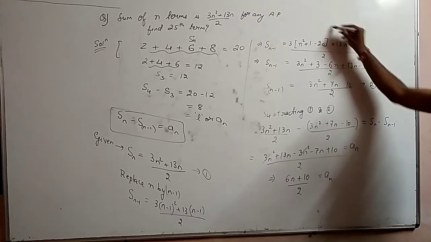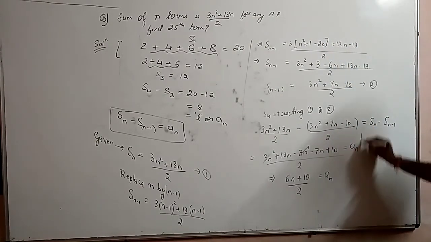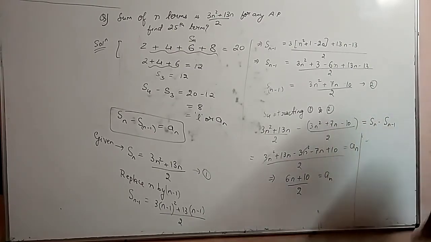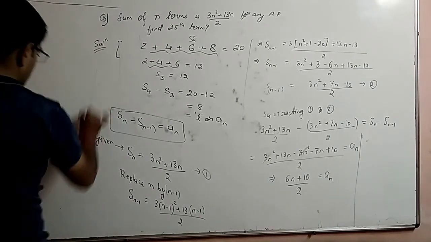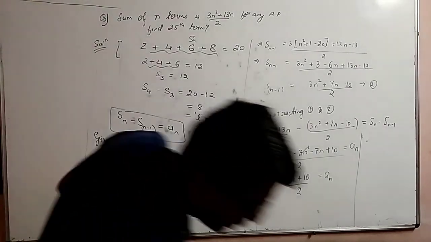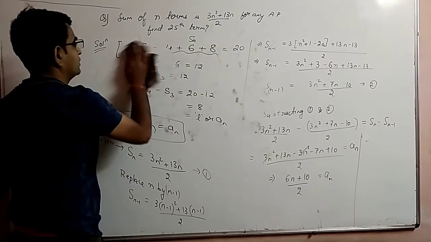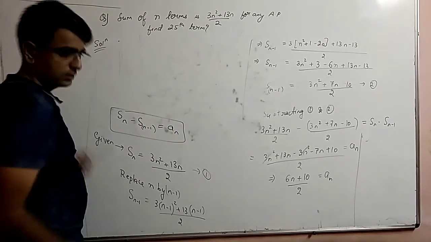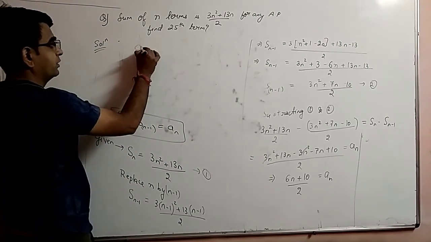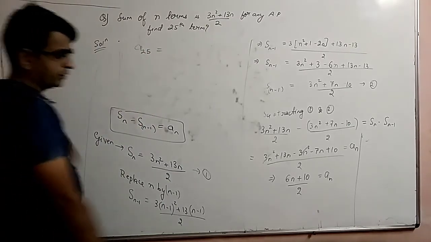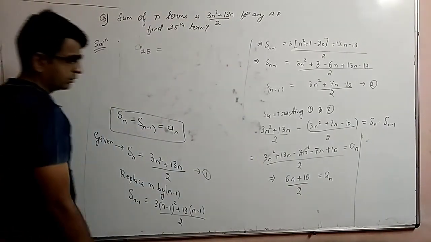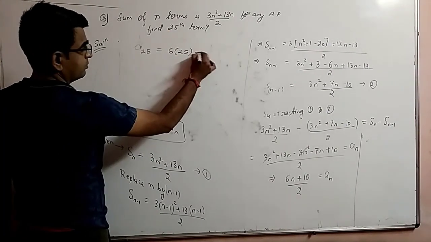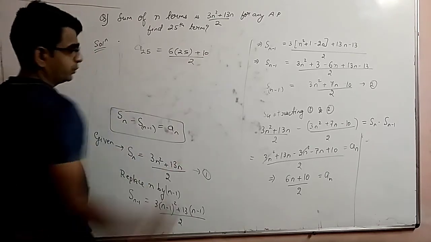So the 25th term will be, instead of n, just substitute the value 25: (6 into 25 plus 10) by 2.